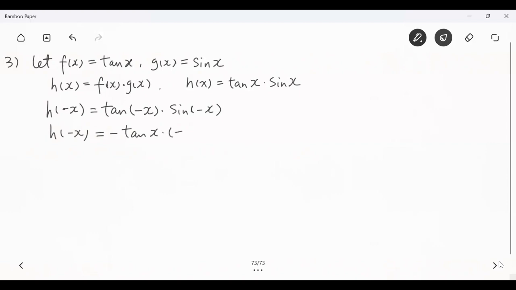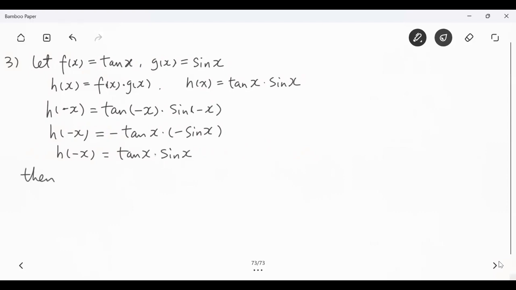So sine negative x is negative sine x. So that means two negatives multiply, so it becomes positive. So h negative x equals sine x times 10x, right?